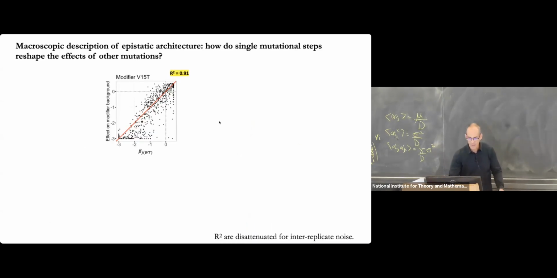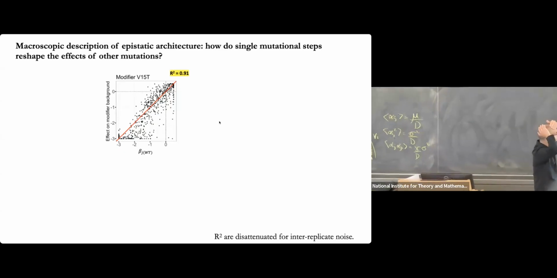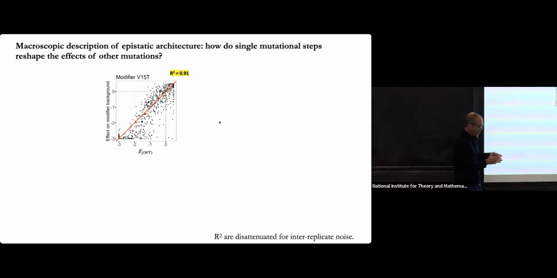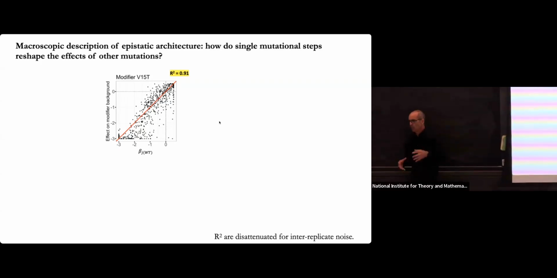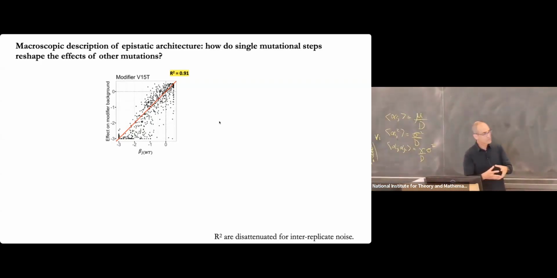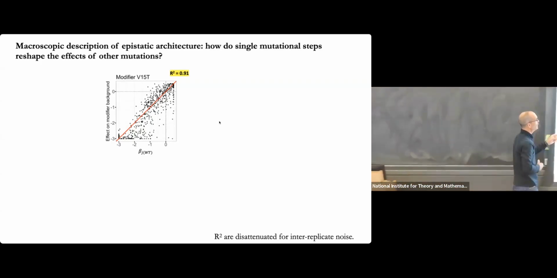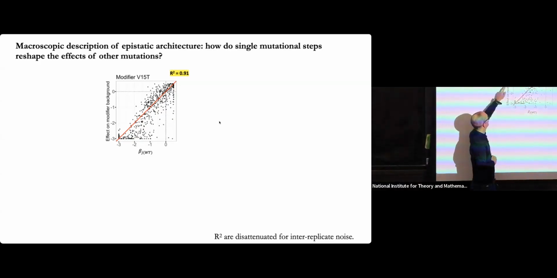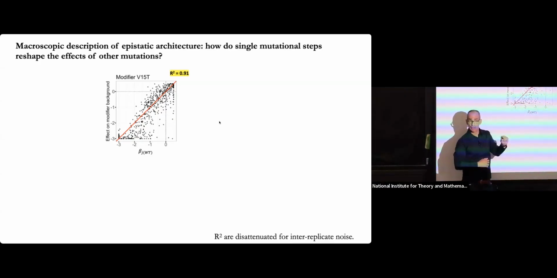All right. So for a modifier, we can express its degree of epistatic modification in two ways. This one is with the R squared, the degree of decorrelation for the effect of J on the wild type background versus the effect of J on the modifier background.